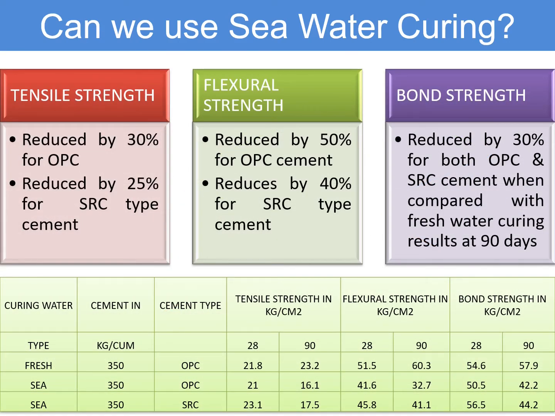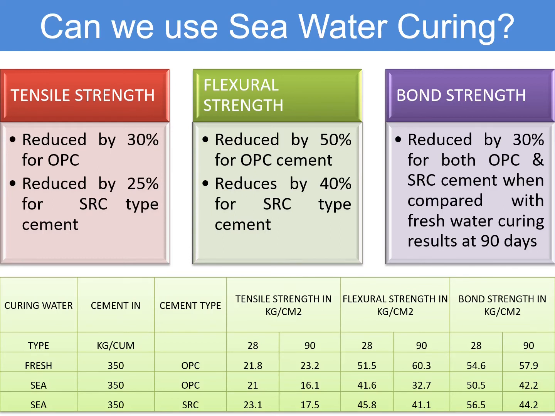But when you look at the other strengths, like the tensile strength, flexural strength and the bond strength, when you cure the concrete with seawater, your tensile strength reduces by 25% for SRC type cement and 30% for OPC type cement.